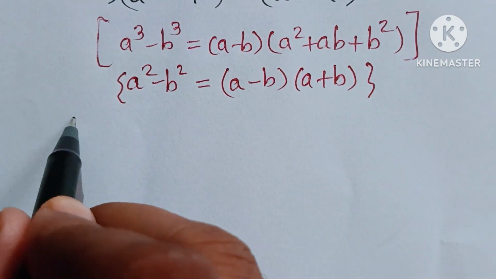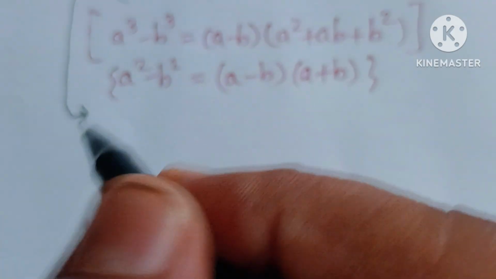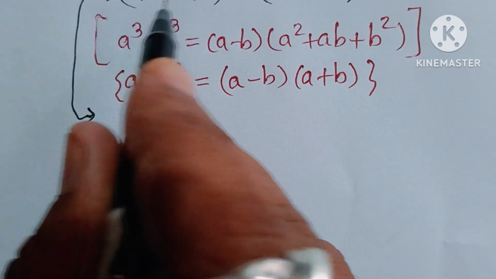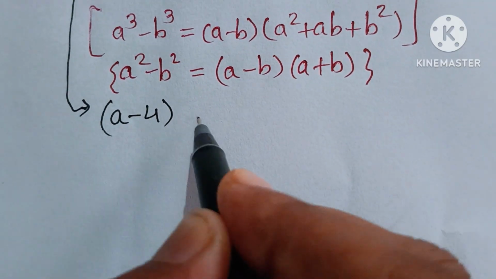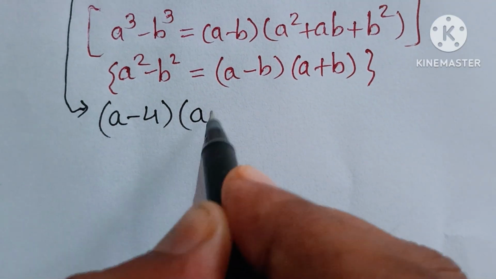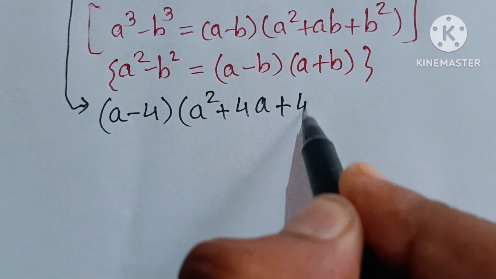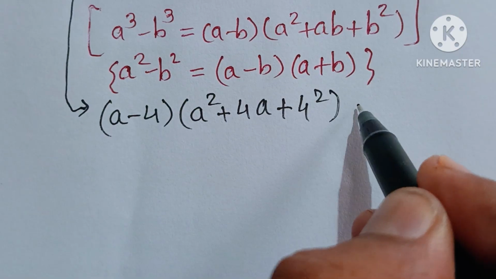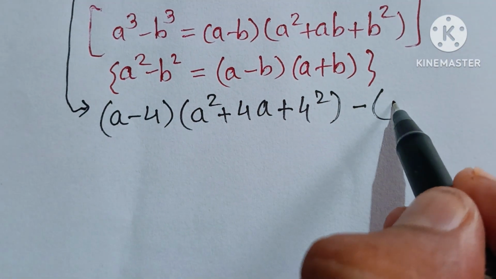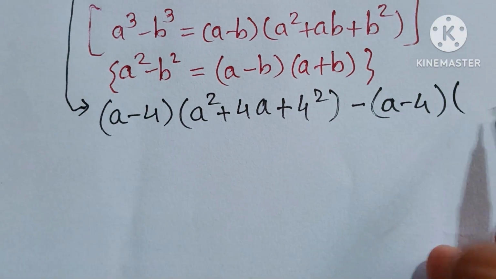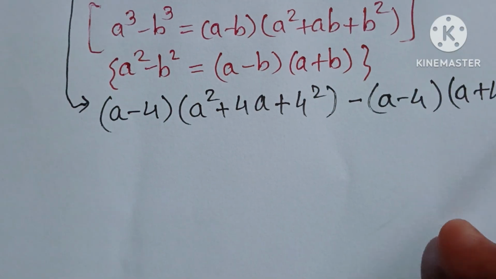Now here we apply these identities. Here a and b, so we write (a − 4) in one bracket, in the second bracket a² + 4a + 4², minus a² − b², apply this identity: (a − 4)(a + 4) = 0.